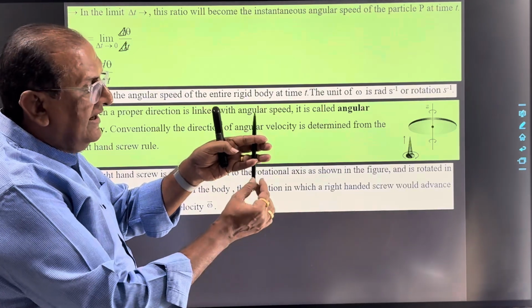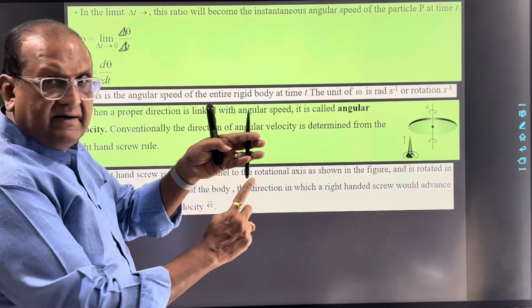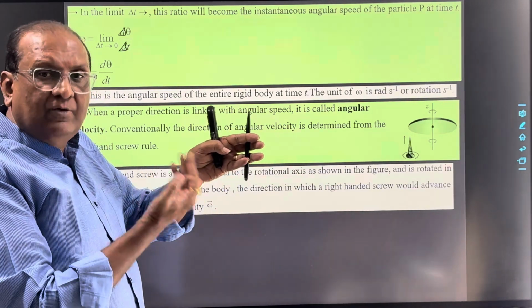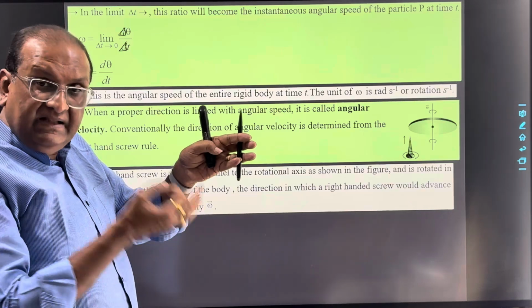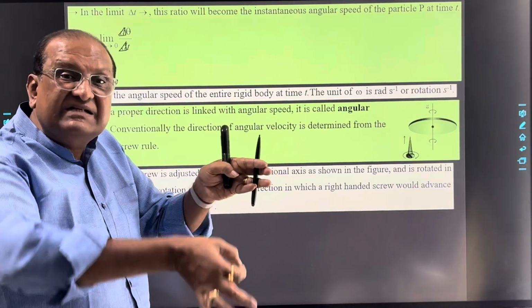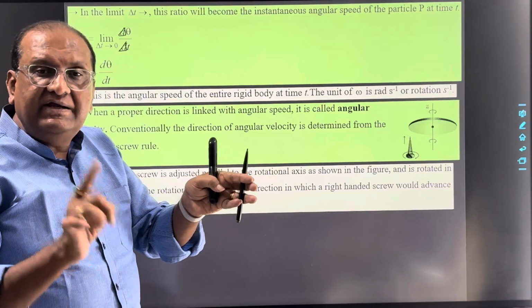And if you rotate this right handed screw in this manner, in the direction of the rotation of the rigid body, then the direction in which the right handed screw traverses is the direction of angular velocity.